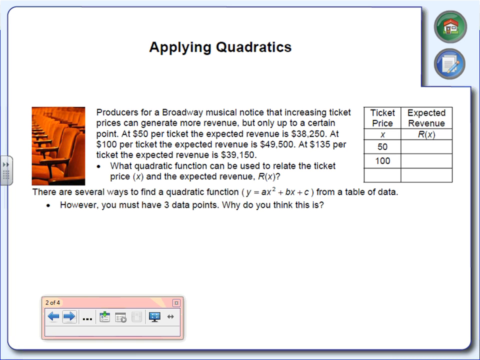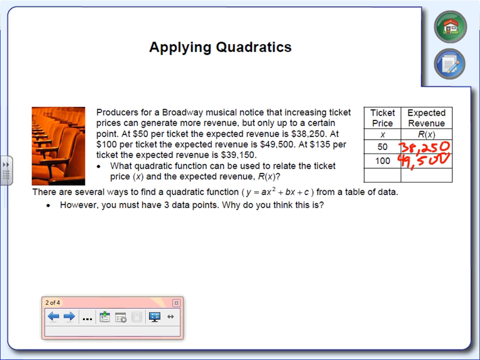So, if we were to charge $50 per ticket, what were they expecting the revenue to be? What did it say in the paragraph? $38,250. So write that in. $38,250 is what they're expecting the revenue to be if they charge $50 for the tickets. Now, if they charge $100 for the tickets, they're expecting that revenue to be even bigger. $49,500 is what they're expecting.